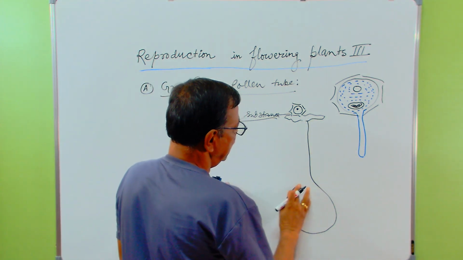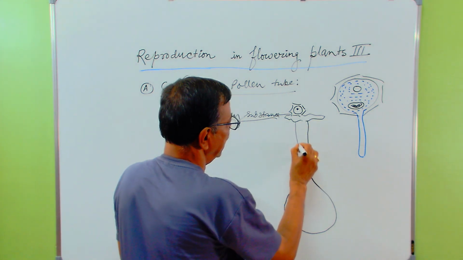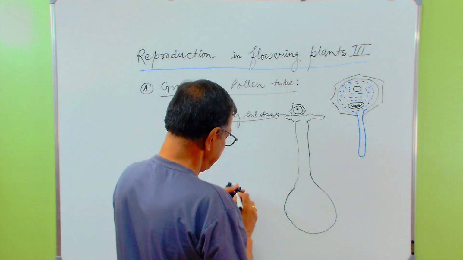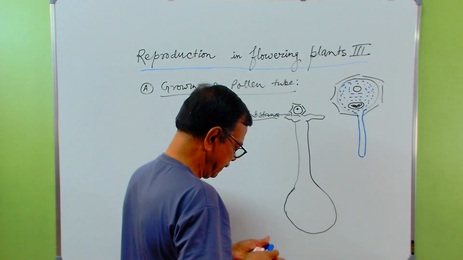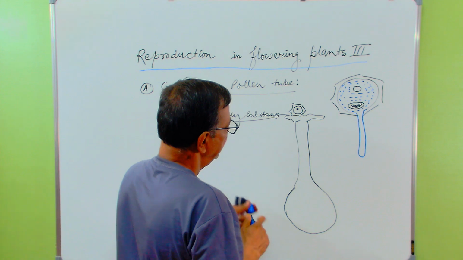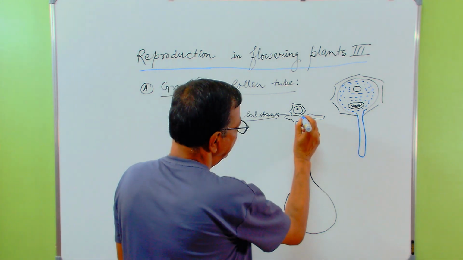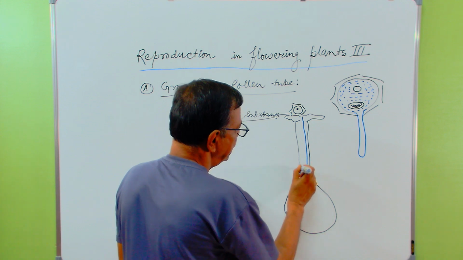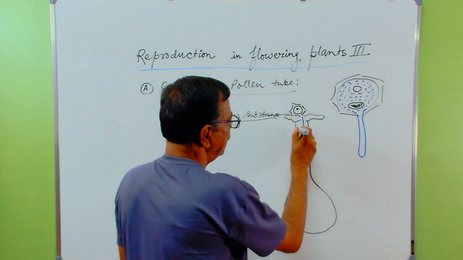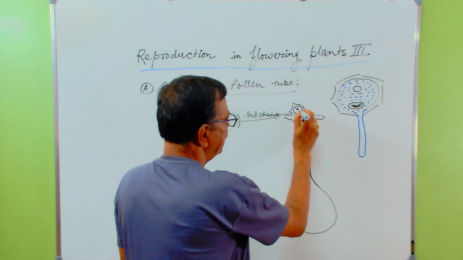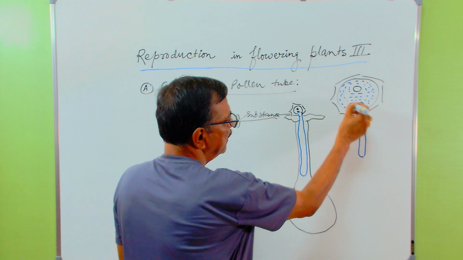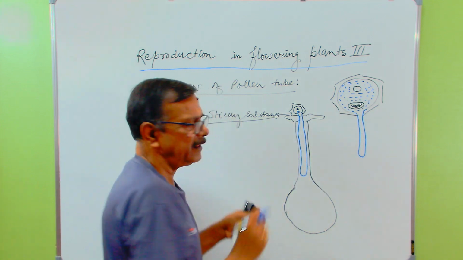I am making it a bigger one. When the pollen tube comes inside, it comes like this, and the entire contents come in the pollen tube.